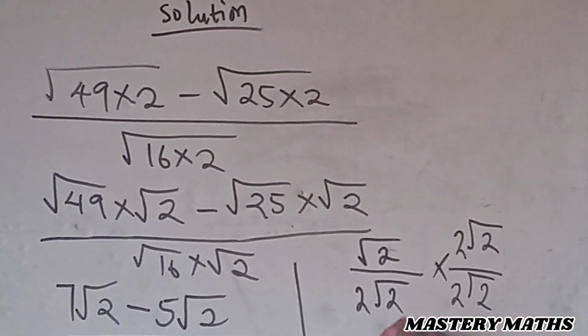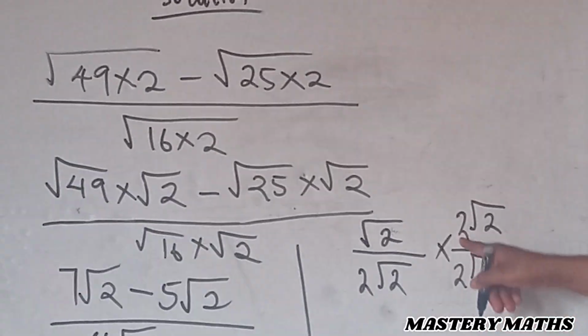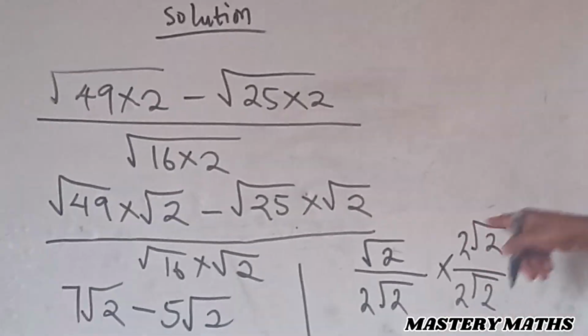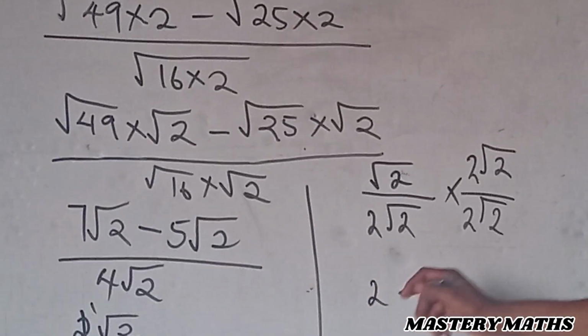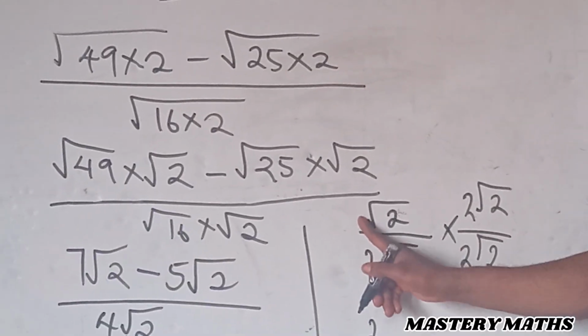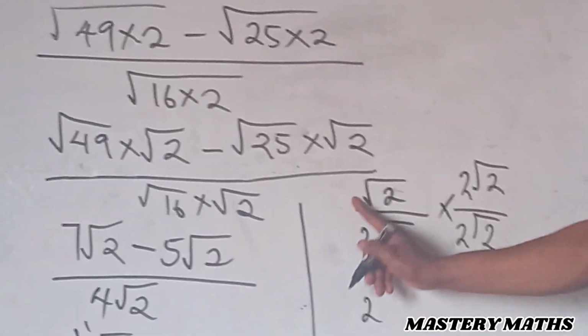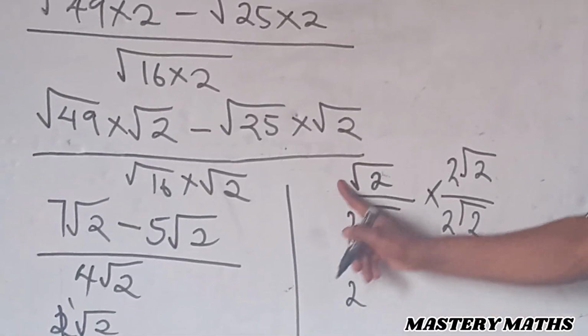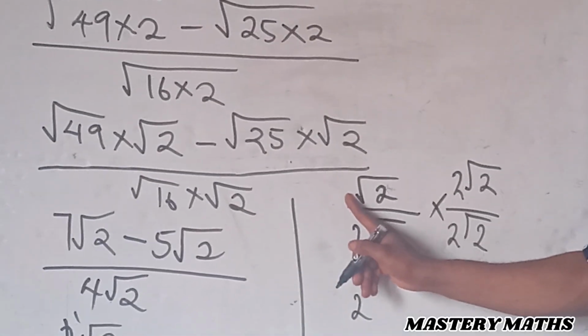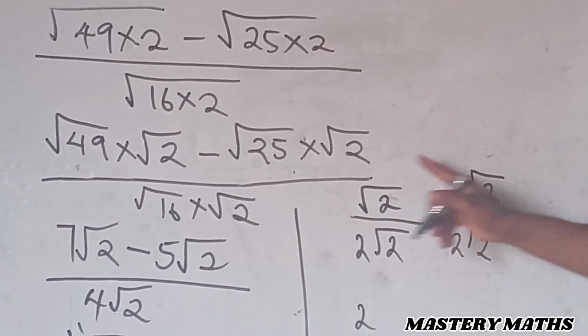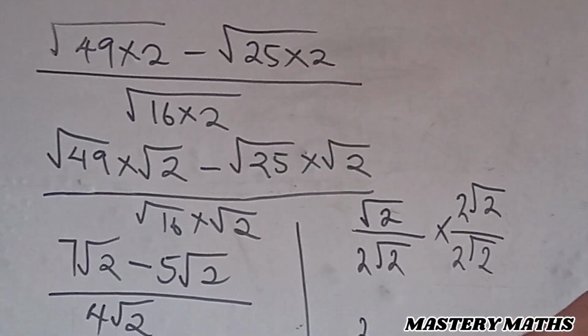You have root 2 times 2 root 2. But I told you, whenever a surd is alone, there is an invisible 1 here. So 1 times this 2 will give us 2.